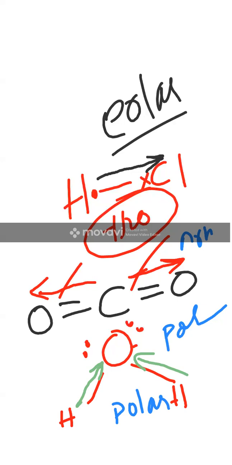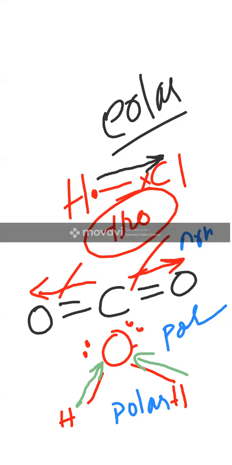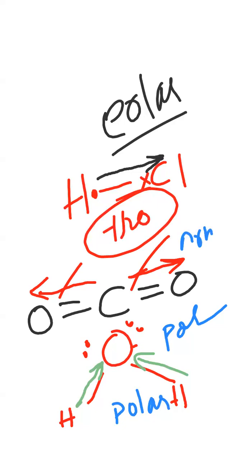So whenever we are discussing polarity, first you have to check the shape of the molecule. No. First you have to check the electronegativity difference. Then, before declaring the compound as polar or non-polar, check the shape of the molecule. If the dipole movements are canceling each other, it means the compound will be non-polar. This is the most repeated question in your past papers. They can ask you why carbon dioxide has a linear structure and why water has a bent structure.